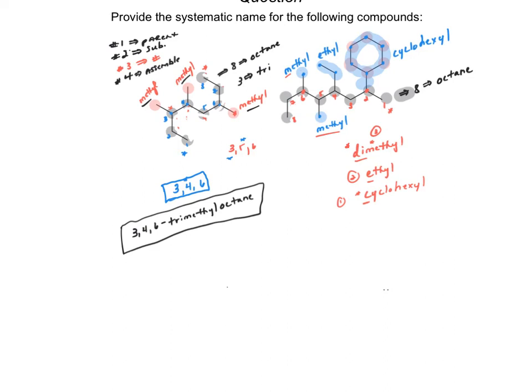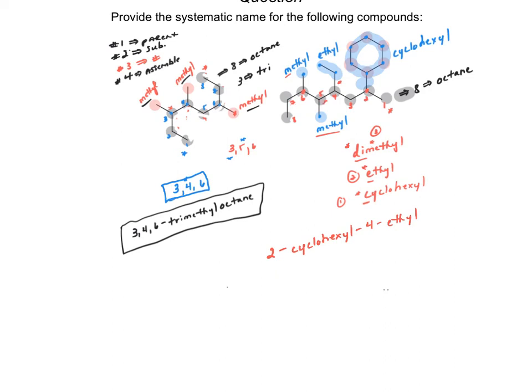Okay, so it's always going to be locant, followed by substituent. So cyclohexyl comes at the 2 position. So this will be 2-cyclohexyl. That's my first substituent. It's then going to come to the ethyl group. The ethyl is at the 4 position. So -4-ethyl. Again, anytime you separate a number from a letter, you've got to use a dash or a hyphen. And then we have our dimethyl.